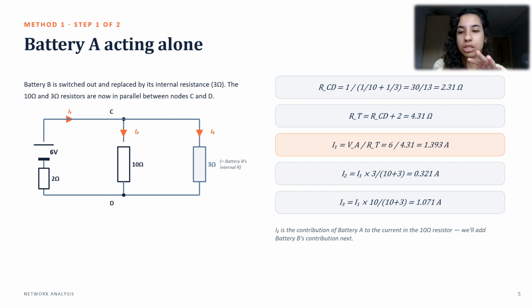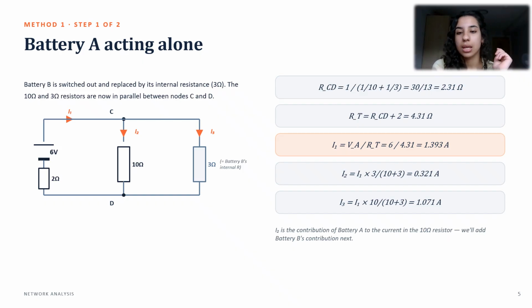First of all, we find the total resistance. We have the 10 ohm resistor and the 3 ohm resistor in parallel. We add them using the parallel method: 1 divided by (1/10 + 1/3), and we get 2.31 ohms.